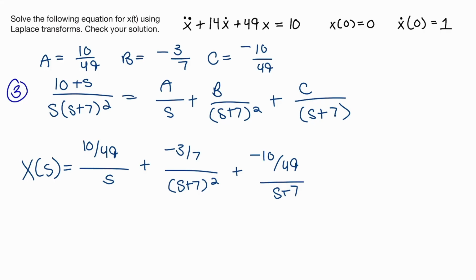When you're taking a math course, your professor will likely give you whatever Laplace table that they made, but if you Google Laplace table, it'll always be the same. So what we'll do is look at each of these terms that we have, and we'll see what the equivalent is when we take the inverse Laplace.